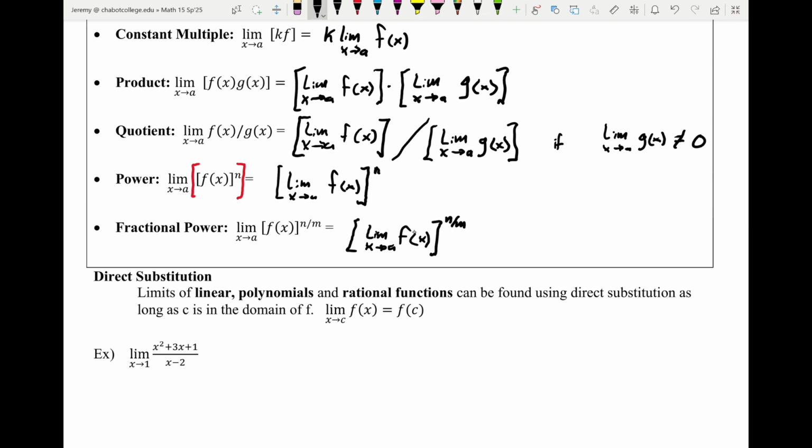Like remember, if we have 4 to the 1/2 power, that's the same as the square root of 4, which is equal to 2, of course. So if we have an even number in the denominator, there's a restriction on what we can put into the base, right? We can't take the square root of negative numbers. So for this property here, there's an assumption. This only works if the limit as x approaches a of f of x is positive or 0, so greater than or equal to 0.